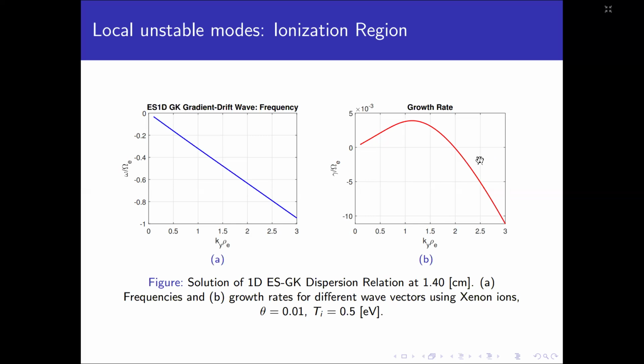As you can see, from here to the value of 2, we have unstable behavior, but from this point onward the instability is damped altogether. So the next step is to use delta F particle in cell to simulate this same problem for this specific position inside the discharge chamber, and pick one of these wave vectors that gives me an unstable behavior.